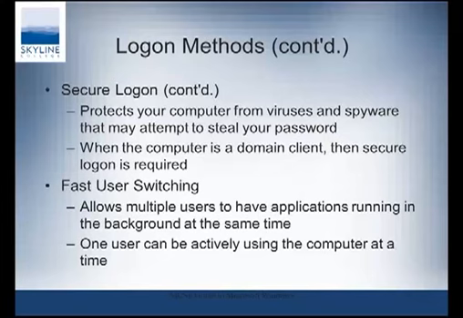Fast user switching. An advantage of 7 over XP is, as a domain client, we have fast user switching. When we had the XP machines, if one of you walked away and left a machine locked in the library, how did we then allow somebody else to use that computer?